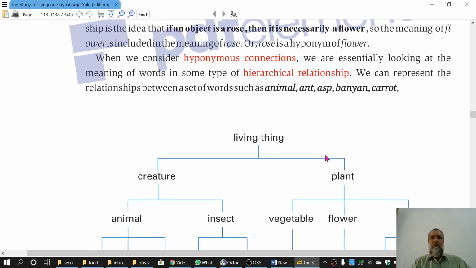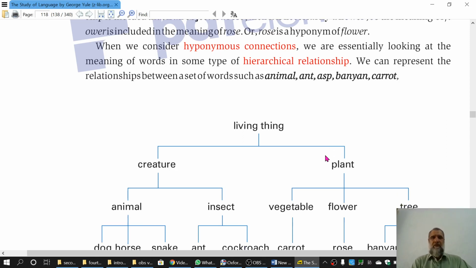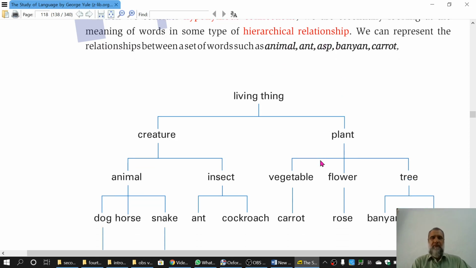Hierarchical means going from top to bottom or from bottom to top. This is called a hierarchical relationship. For example, the relationship of animal, asp, banyan, carrot, all is given here.